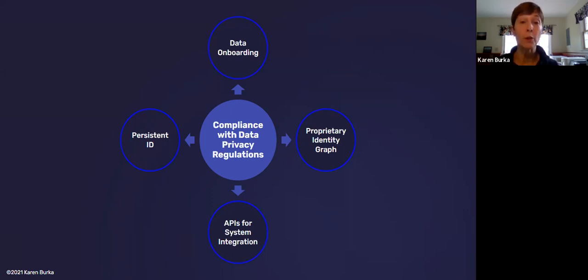So let's start looking more specifically at the pieces of this wheel. I'm going to start with data onboarding on top. That's where first-party customer data is entered into an identity graph. Data is typically onboarded via secure file transfer protocol, direct API download, or pixel syncs.